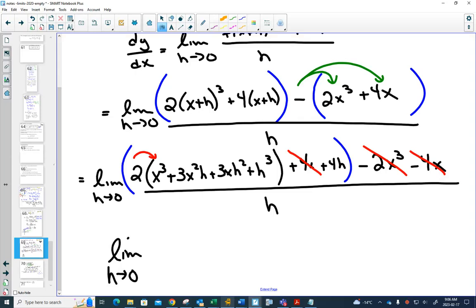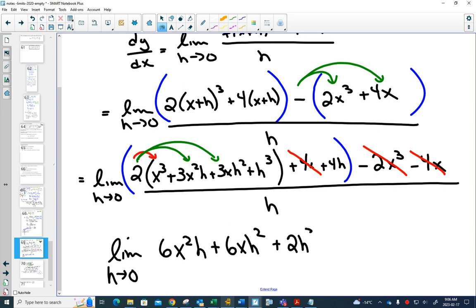What we're going to have left is 6x squared h, because that's when I multiply this by this. I will have plus 6xh squared plus 2h cubed plus 4h. Wow, that's pretty good.